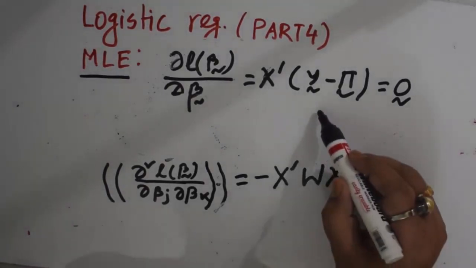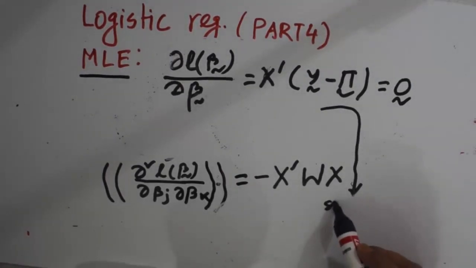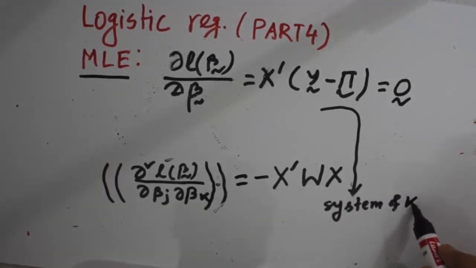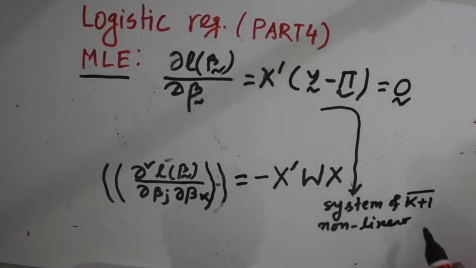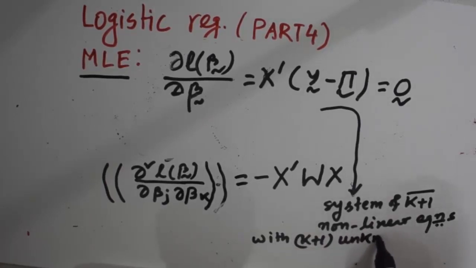This is a system of k plus 1 nonlinear equations with k plus 1 unknown beta j's.